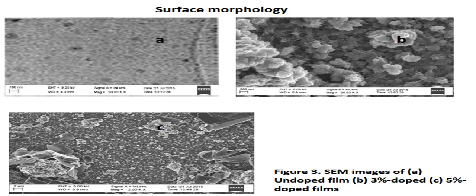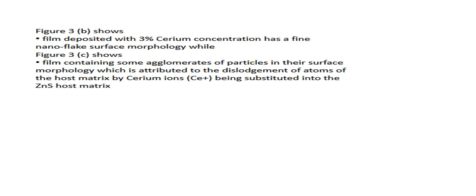The first one represents the undoped film, and the B represents your 3% doped zinc sulphide, while the C, the one at the lower part of the screen, represents your 5% cerium.